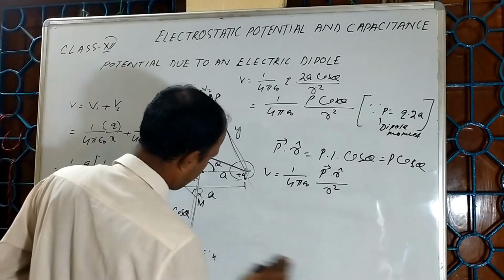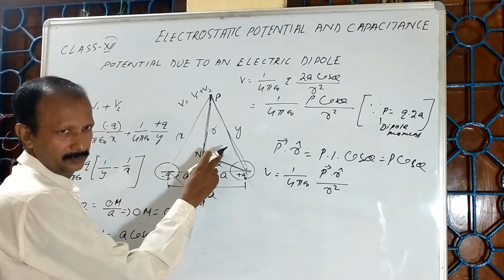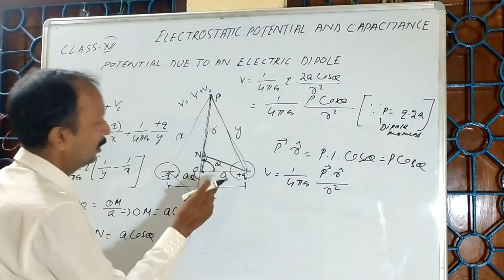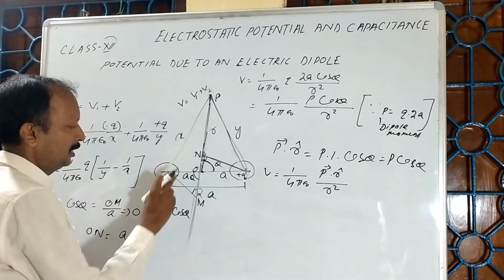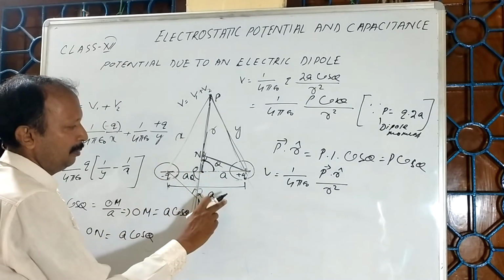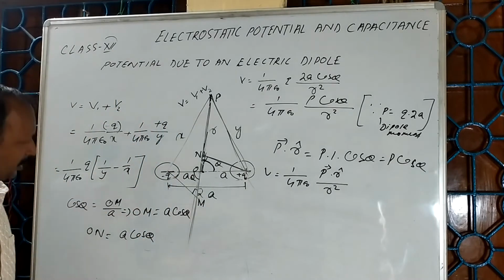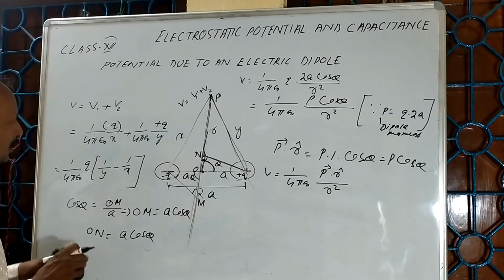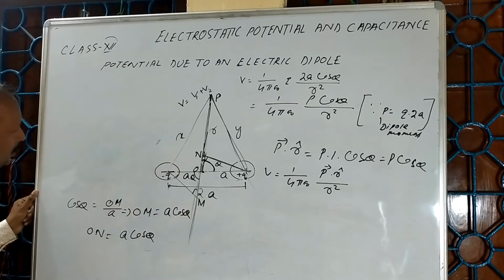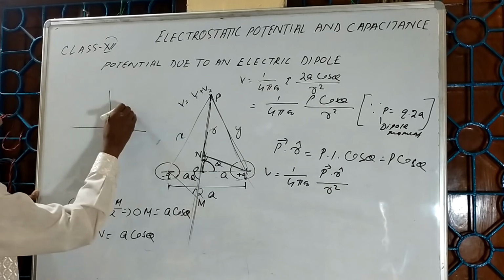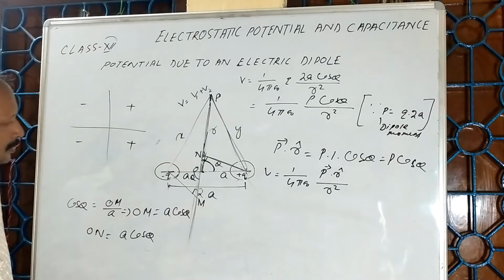In this case, the theta is in the first quadrant. The angle may be in the first quadrant, maybe in the second quadrant, maybe in the third quadrant, maybe in the fourth quadrant. Already you know that if it is the first quadrant, then its cos value will be plus. This is the plus, this is the minus, this is the minus, this is the plus.